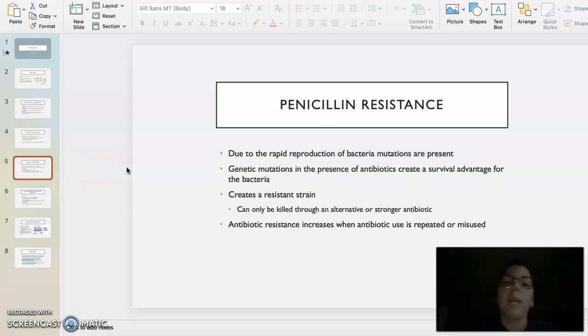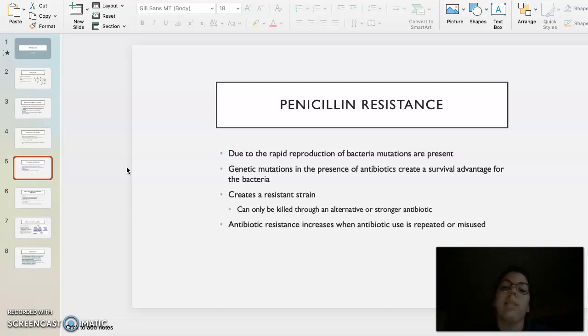Bacteria can create resistance towards penicillin. A way that they can do this is through the rapid reproduction of bacteria, mutations that are present in the cell, and genetic mutations occur when antibiotics are in use.